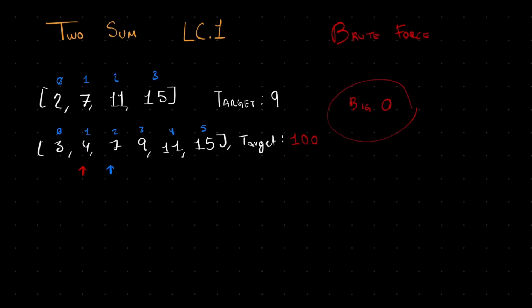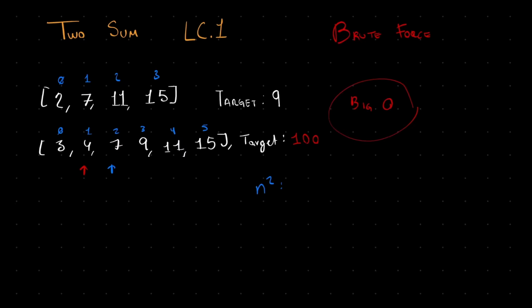If you do the calculus, you're going to do a total of n squared sums, where n is the number of numbers in the input array. This array has 6 numbers, so if you made the sums of all different combinations, you'd be doing in the likes of 36 combinations.